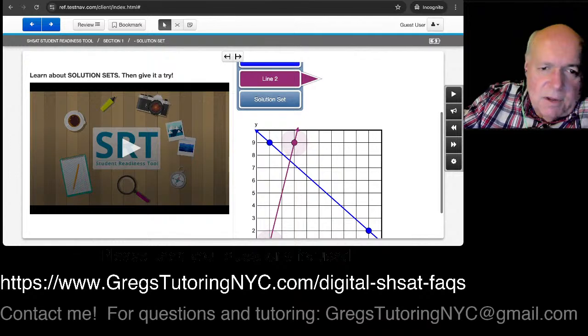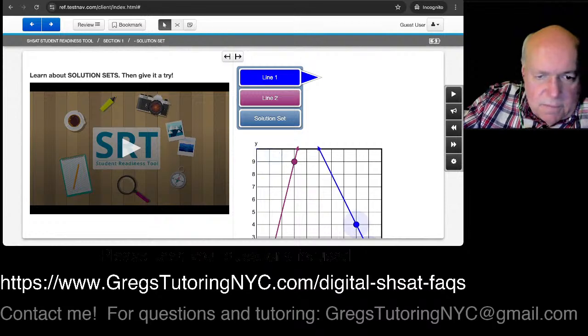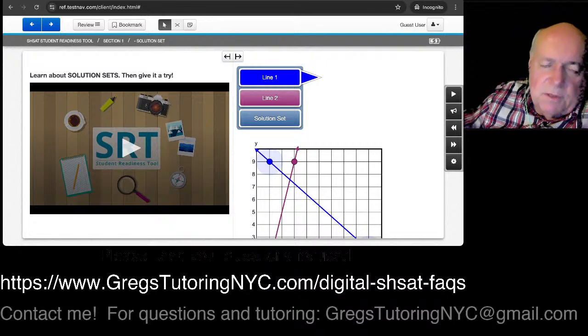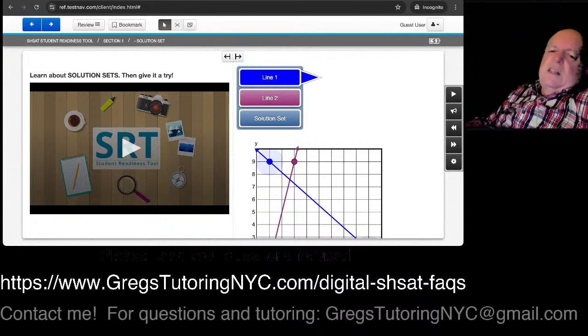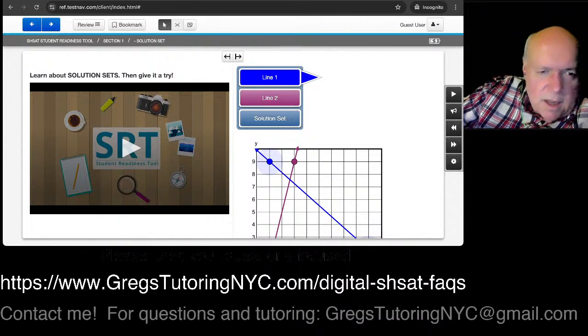If we make a mistake, we can go back and redo the blue line. Yeah, it just moved it there, so this is a little confusing. I had the same kind of concern with the triangle. Anyway, then it's asking you for the solution set.